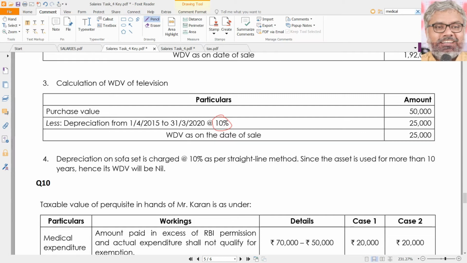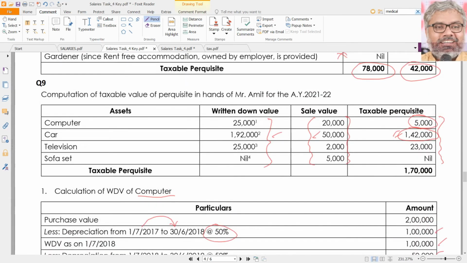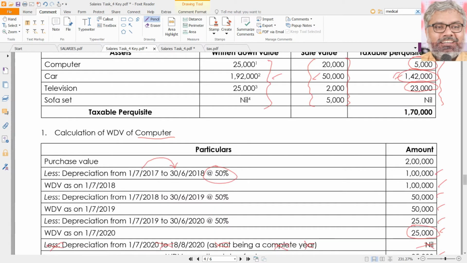Up to 31st March 2020, 5 years have passed. So 5 years, 10% means 5,000 per year. For 5 years, the depreciation is 25,000, straight line method. So the written down value on the date of sale is 25,000. But that is sold at what amount? Only 2,000. So naturally the remaining amount 23,000 is going to be the value of taxable perquisite.